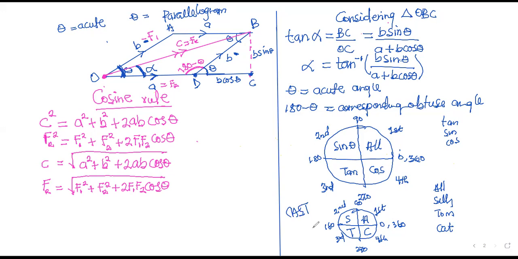CAST is confusing in the sense that it starts from the fourth quadrant. Meanwhile, you have to understand that this is the first, second, third, and fourth. But CAST, because of the letter C, starts from the fourth quadrant. Sometimes it's confusing. If you could master it, it would also help you.